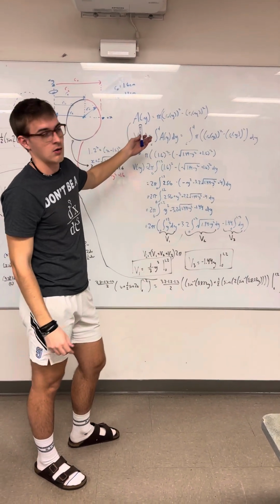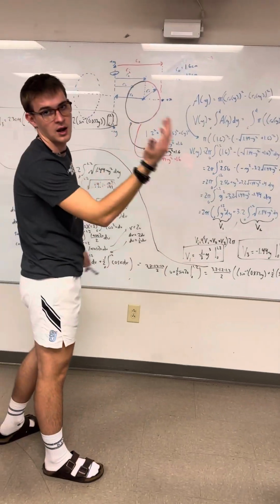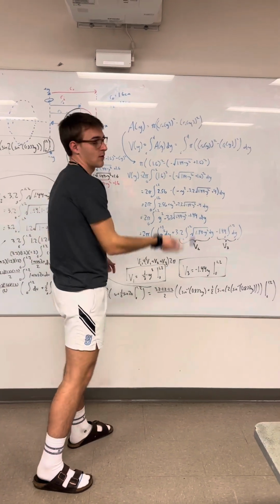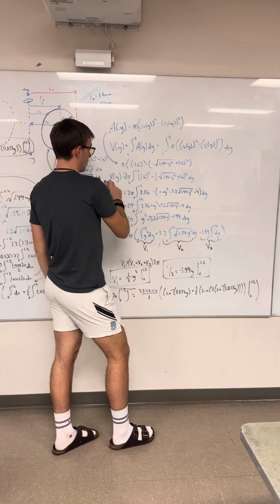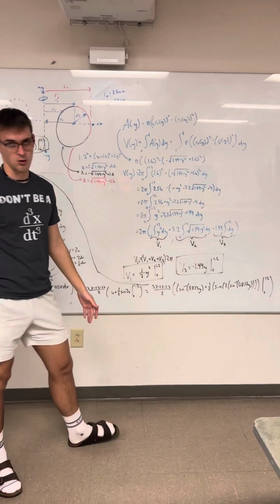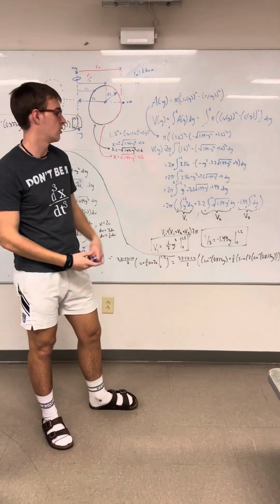Now that we have our area, we're going to want to integrate that by revolving it around an axis, the y-axis in this problem, and that's how we find the volume. I have that defined here, and I plugged in all the values. I tried to actually do the integral by hand.